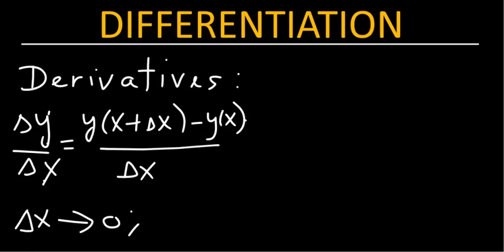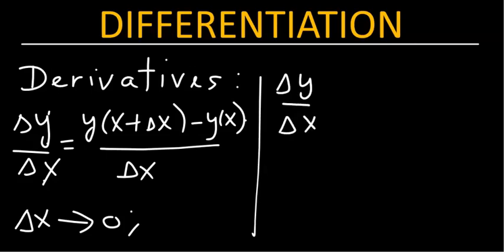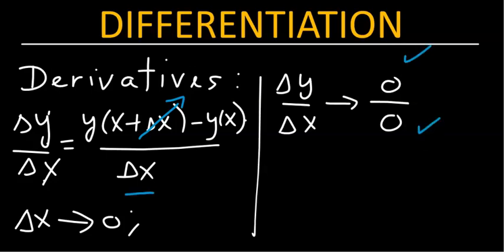At first glance, you would guess that this ratio would give you the following ratio, which is indeterminate, since when delta x goes to 0, y(x) minus y(x) is 0, and delta x goes to 0, and that will give you the denominator 0.